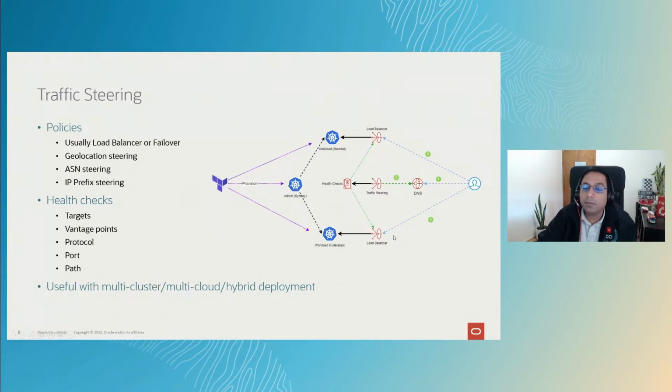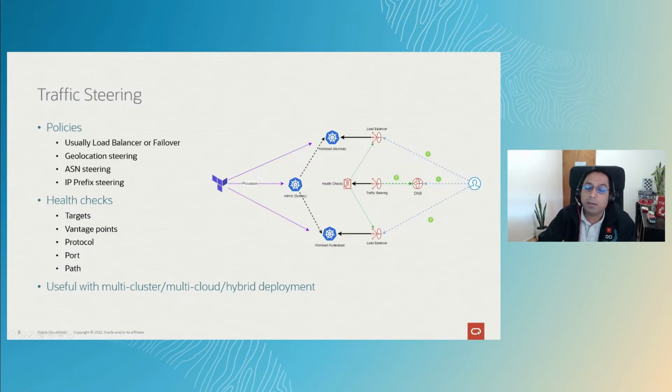These health checks run from different vantage points, and these vantage points don't run within OCI; they run external to OCI, typically in other cloud providers like AWS, Azure, or GCP. And you can specify the protocols, the port number, and the path as well. Once the health checks are defined, then you set up your traffic steering policy.